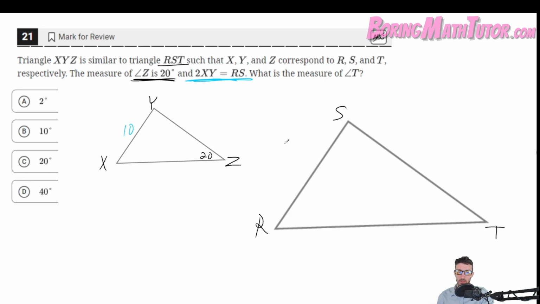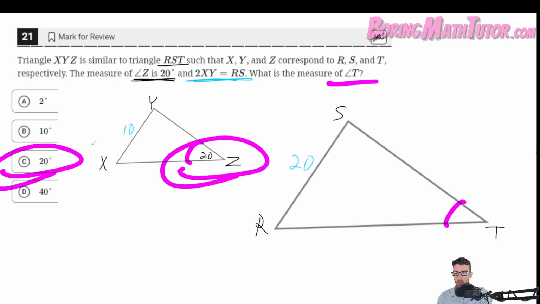So who knows? Maybe this is 10, and then that would make this one 20. 2 times the XY is equal to RS. But that's actually not going to affect the measure of angle T.